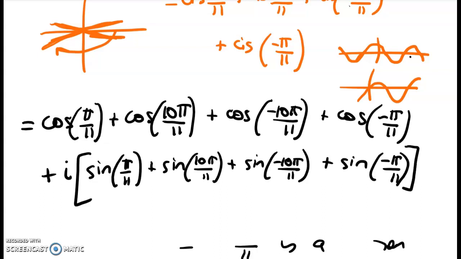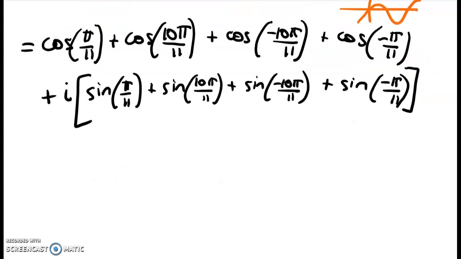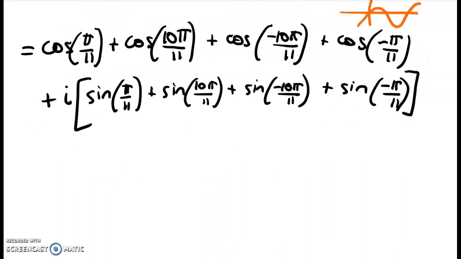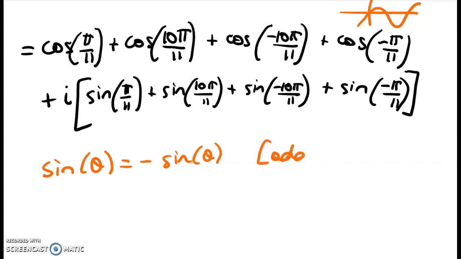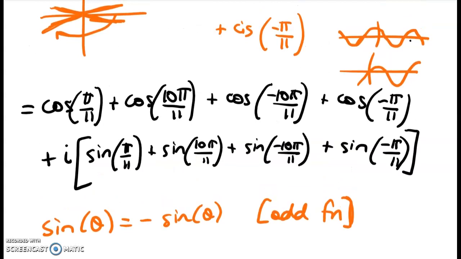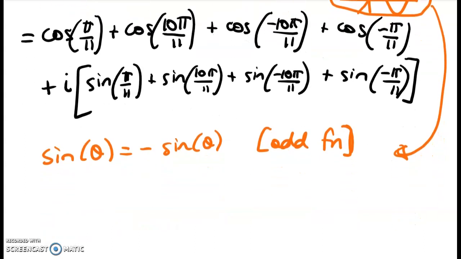So hopefully what you're noticing is that the first bit that cleans up is the imaginary part, because we know that sine of negative theta is equal to negative sine of theta, because we've got an odd function, right? The sine curve does not reflect in the y-axis, it rotates. Okay, so it's this picture up here that you want.